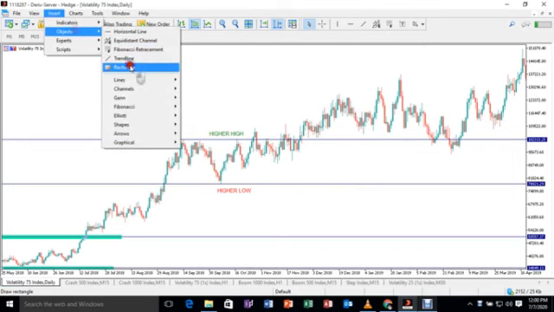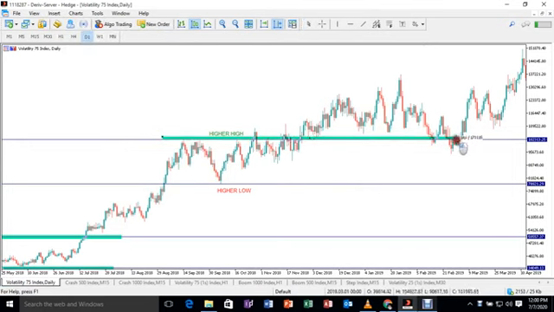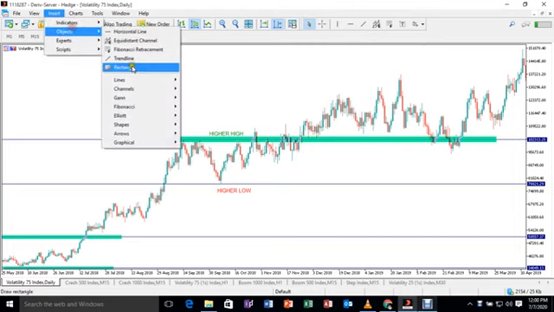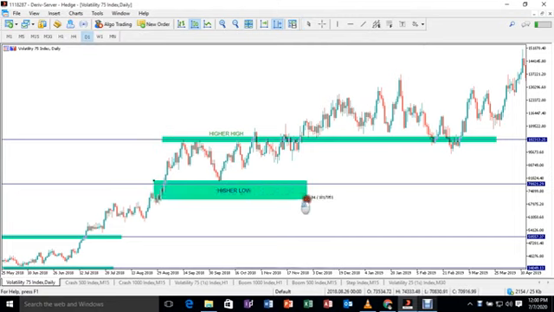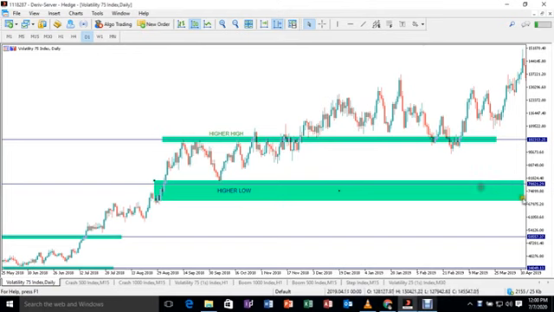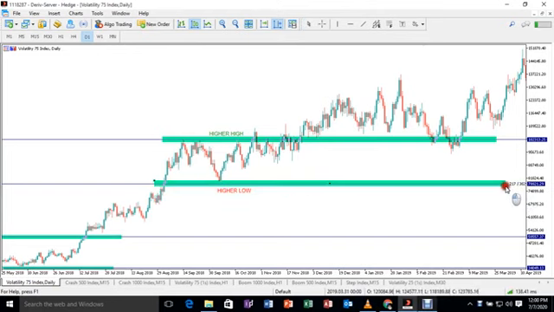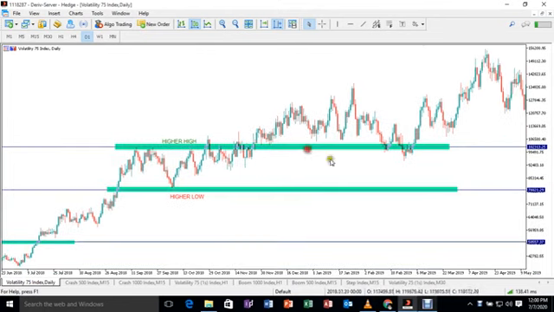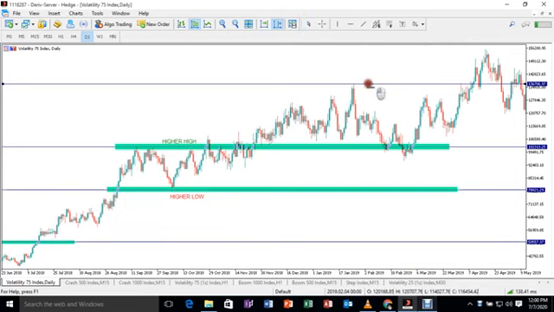So always zone. You can zone it. Zoning it. Insert object. So we can see a breakout here. So we have a new high here, and we have a new higher low.